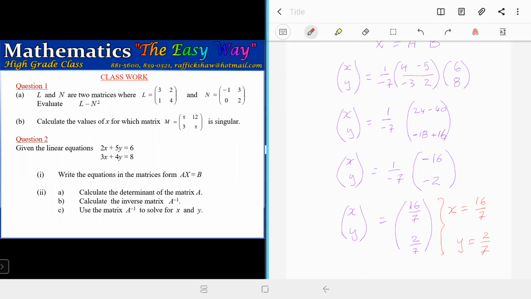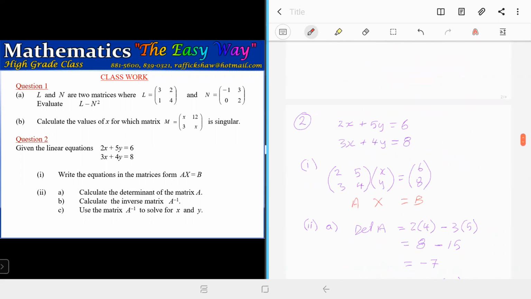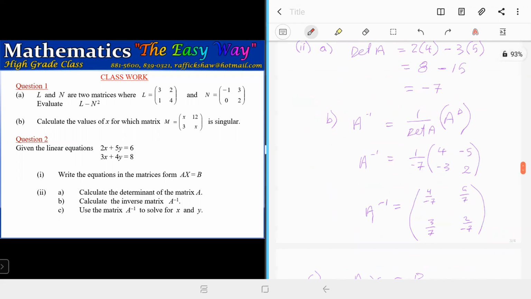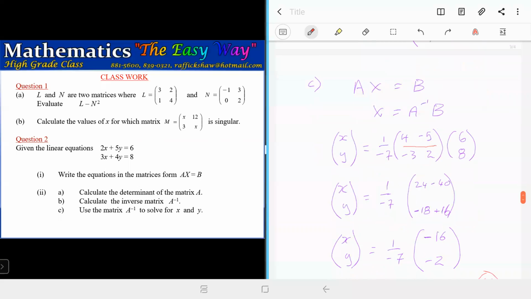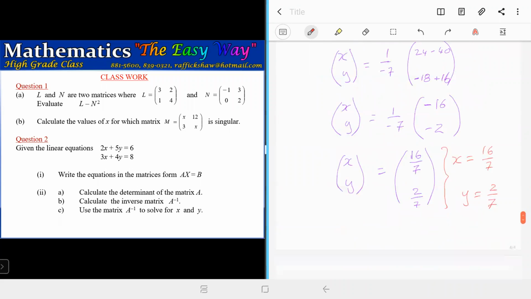What you can maybe do is test these values in the original equation up here to see if they work. I'm not going to test it now. I know that they work, and I've already showed you how to test them. All right, so that is the question. That was the classwork. Nice and easy question.